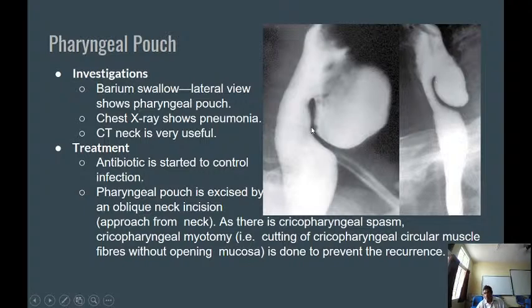If the pouch is big and the neck is small, then you have to do an approach from the cervical region and remove the entire pouch and suture the opening into the esophagus. So excision of the entire pouch is the treatment of choice in larger ones.